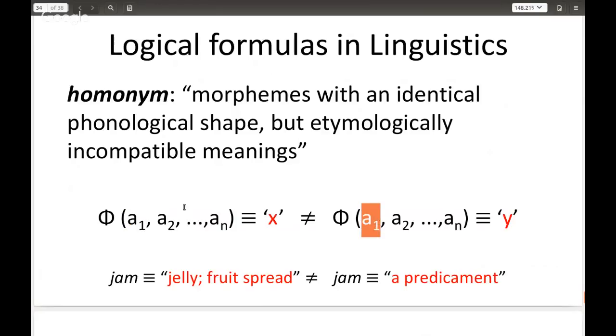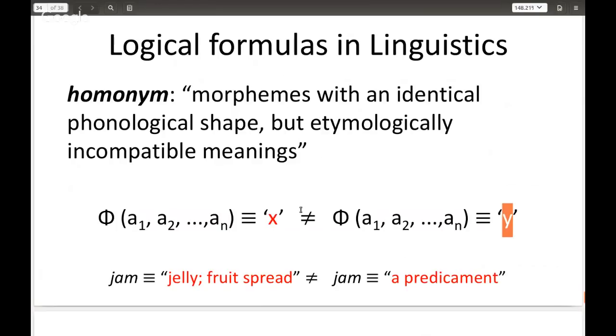So phoneme 1 in this word here with meaning X corresponds with this phoneme here with meaning Y. So this word here with this phonological makeup is the same as X, which has some meaning. But it is not equal to this word with the same phonological string, which is the same as this meaning here.